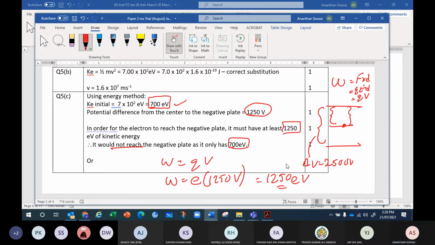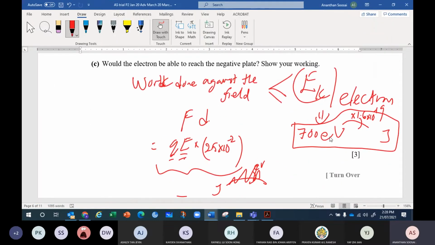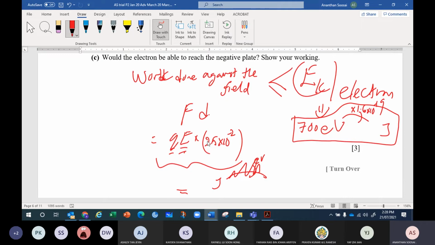If you don't understand this working, I showed you just now: QE times 2.5 times 10 to the power of negative 2 joule. Convert to eV and you get 1250 eV. So the work done against the field is greater than the kinetic energy possessed by the electron. The electron doesn't have that much energy to do the work, so it stops halfway.